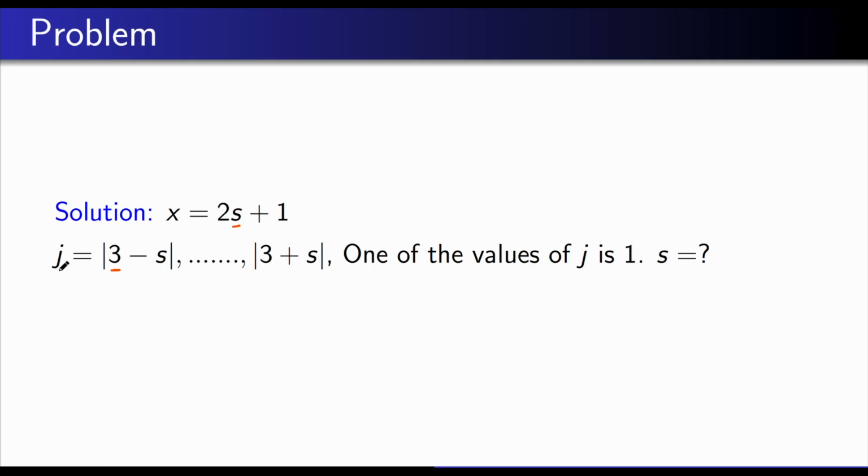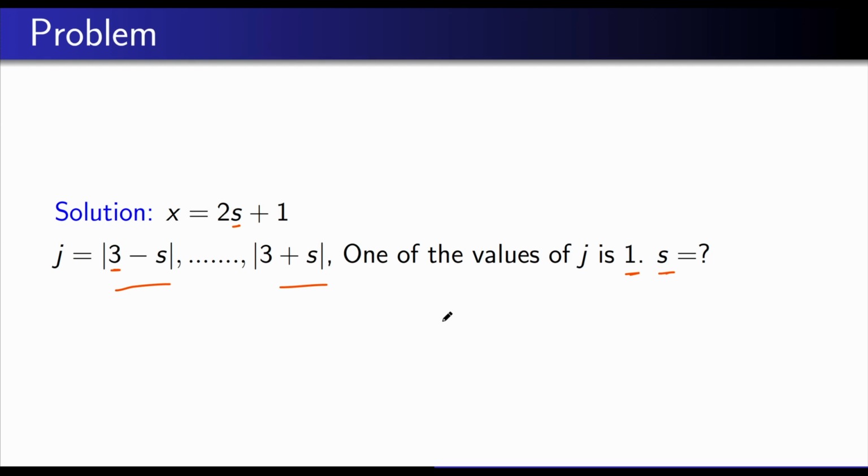J can take the values from the modulus of 3 minus S to 3 plus S. And we know that one of the values of J is 1. So S has to be chosen so that there will be one value of J which is equal to 1.